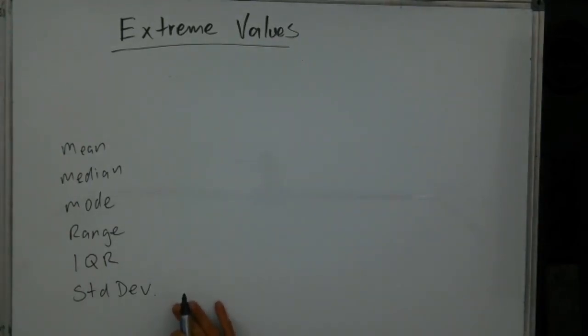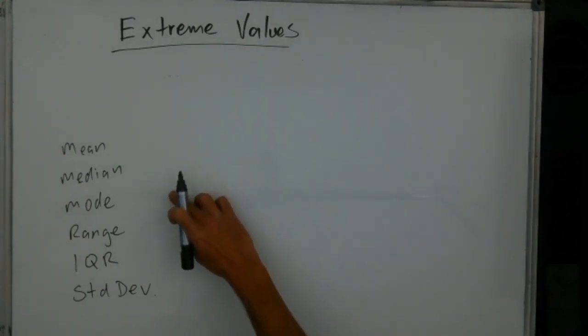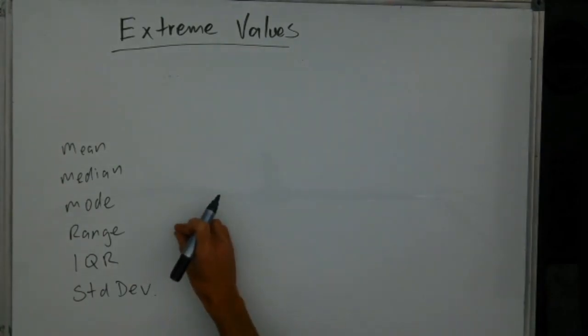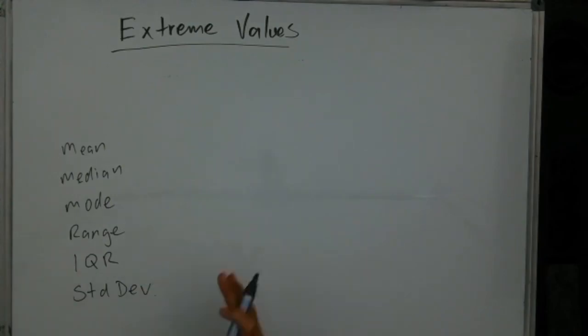So grade 11s could be 16 or 17 years old, some of the grade 12s might be 18. So we would expect our mean, median, mode, and quite a small range, to be around those values.